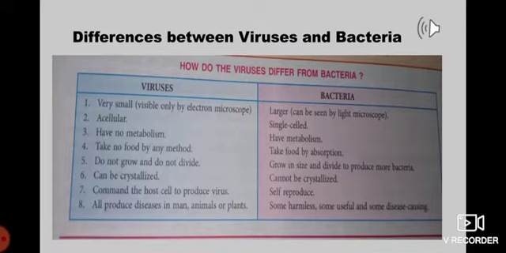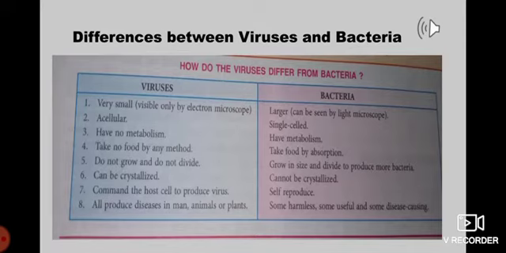It goes and sits on other cells, infects them, and uses their metabolism to increase its number. Whereas bacteria are single-cell organisms, so they have all organelles within them, so they have a metabolism. Metabolism means the cellular activity which takes place inside the body for the formation of energy.